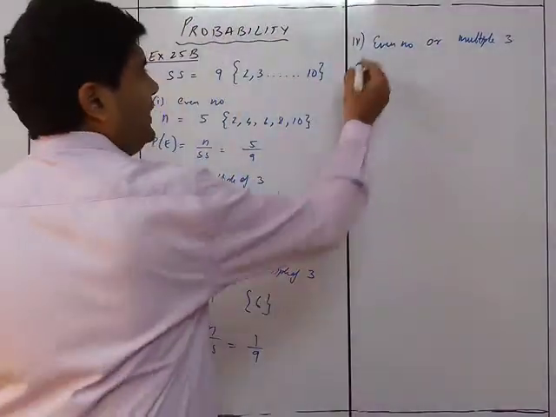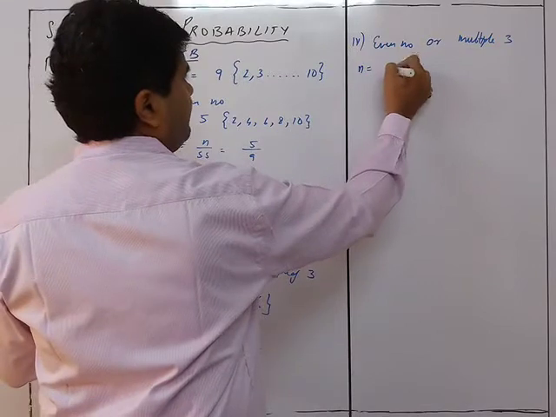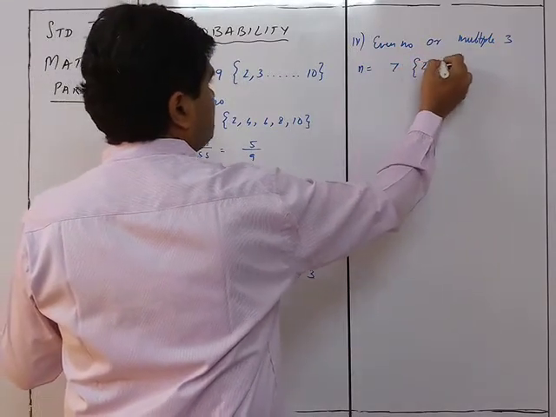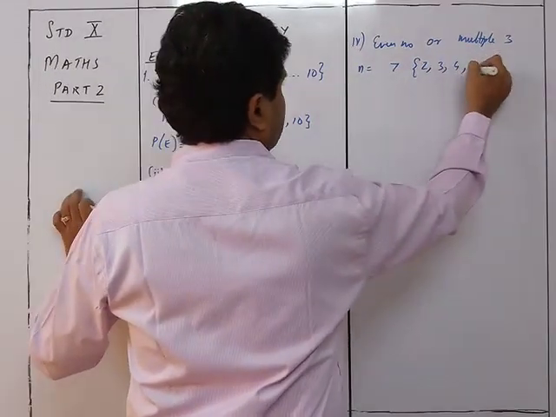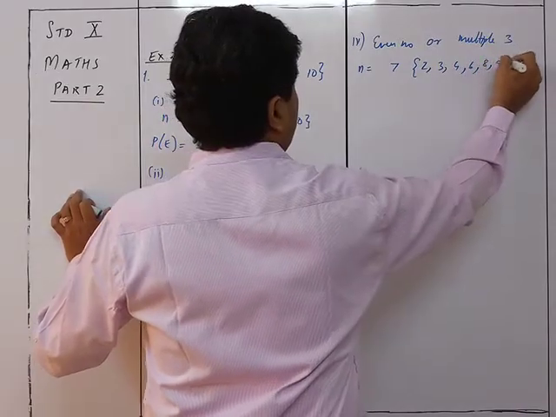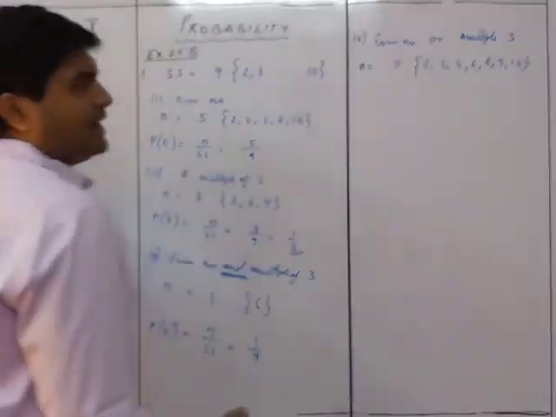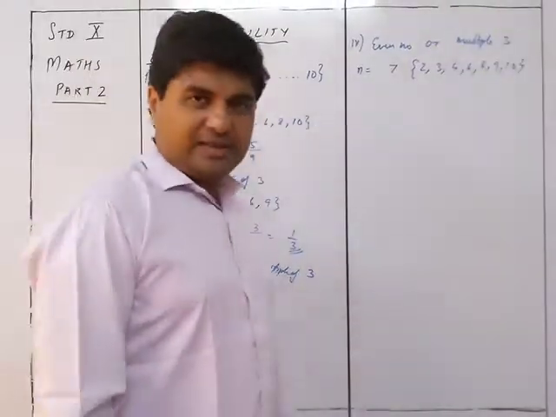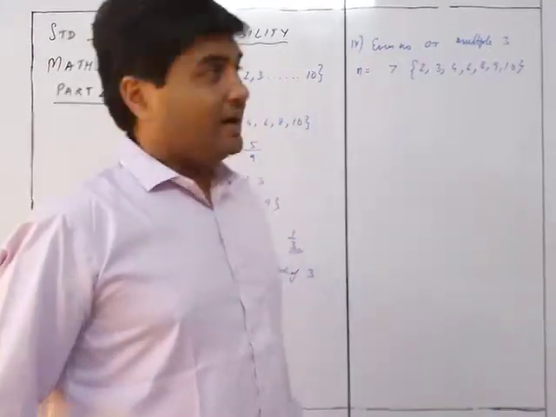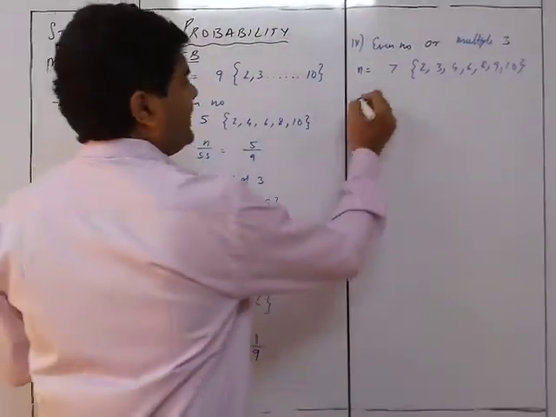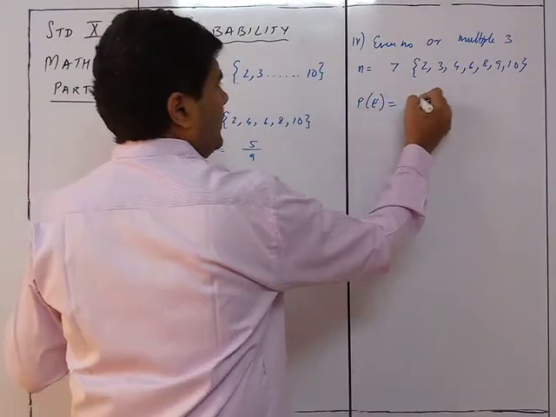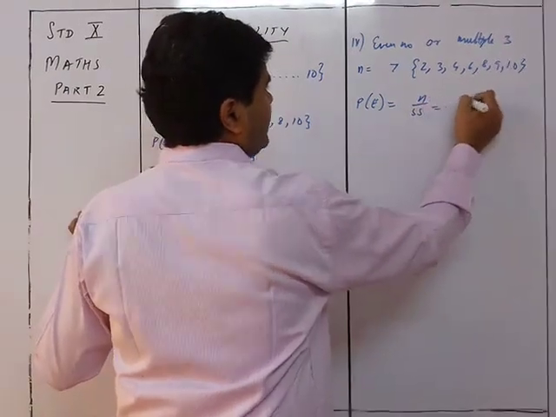That's why n will be equal to 7, because it will be 2, 3, 4, 6, 8, 9, 10. So these are the 7 numbers which are either even numbers or multiples of 3. Accordingly, P(E) will be n upon S, equal to 7 upon 9.